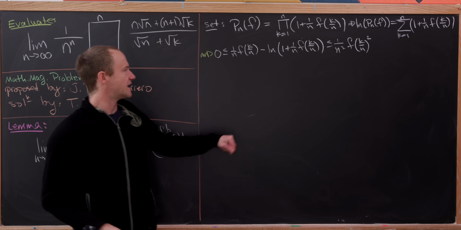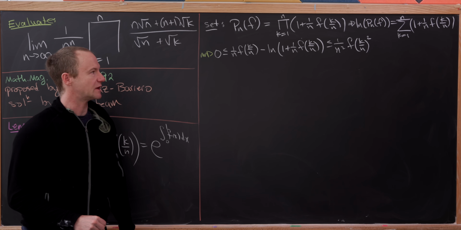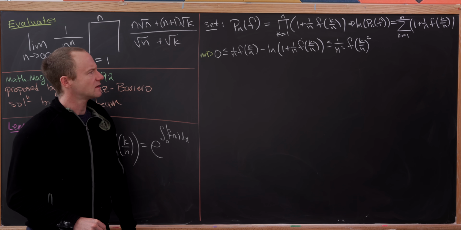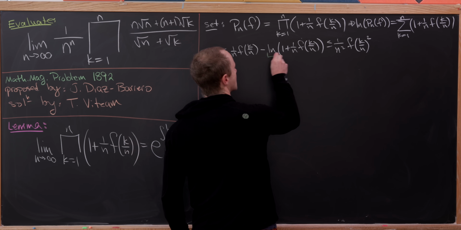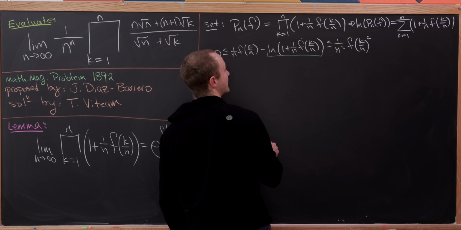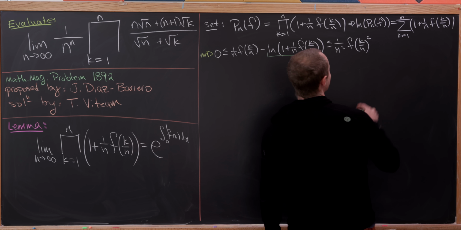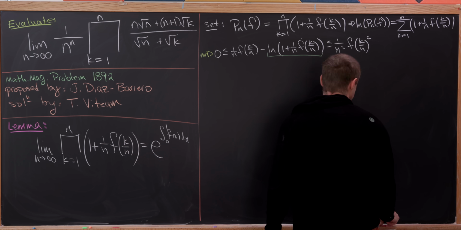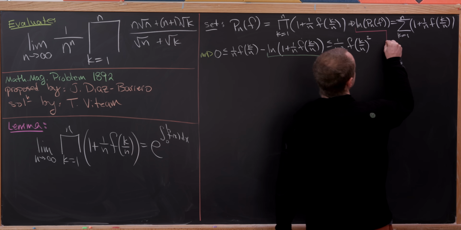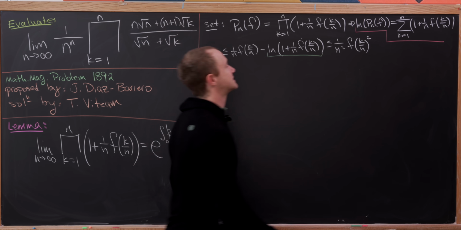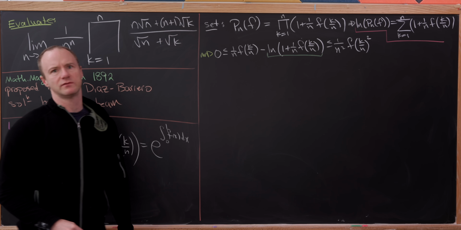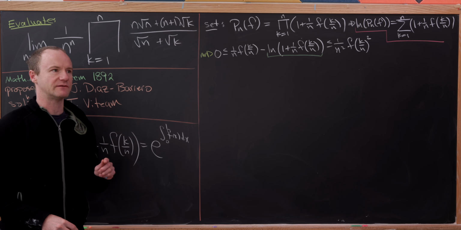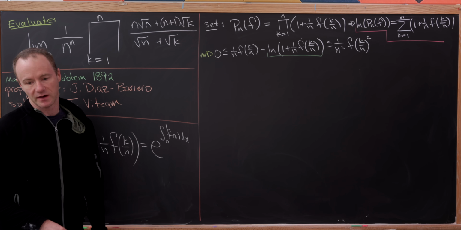Okay, so this is where we ended up on the last board. We have the following inequality. But let's observe that this portion of the inequality, the natural log of 1 plus 1 over n f of k over n, if we take its sum as k goes from 1 to n, we get this natural log of P sub n of f, which is an object related to, well, it's not really an infinite product, the limit of a partial product that we would like to calculate.